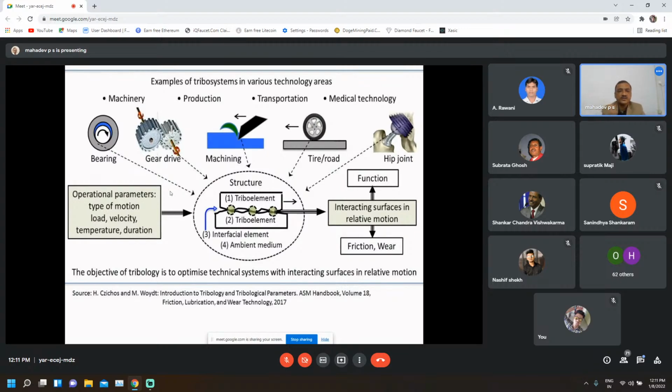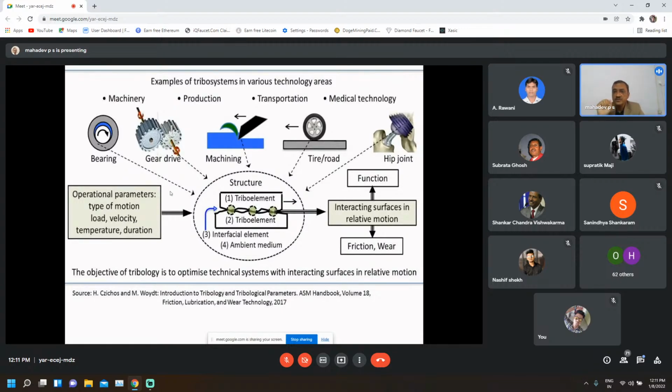Okay, fine. So this slide shows the different applications of tribology in bearings, in gear drives, in machinery, and in production, like machining. If you study the theory of metal cutting, you can come to know the different kinds of wear, flank wear, and others.